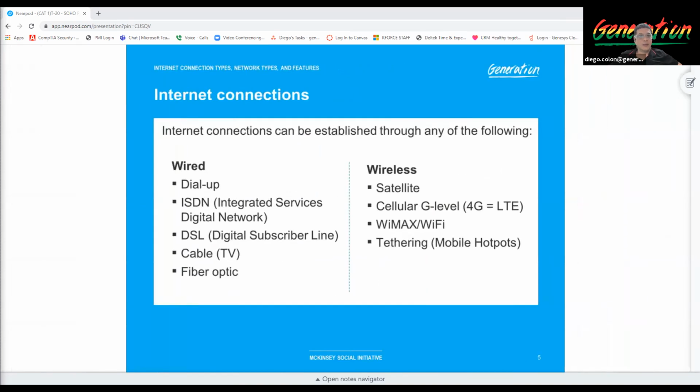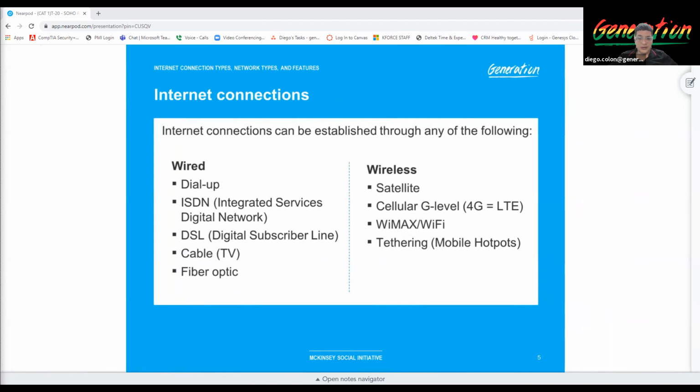So, the internet connection types themselves, as we see, we have dial-up, ISDN, DSL, cable, fiber optic, satellite, and cellular G, the 4G, 5G. G does not mean gigabyte. That's generation: 2G, 3G, 4G.